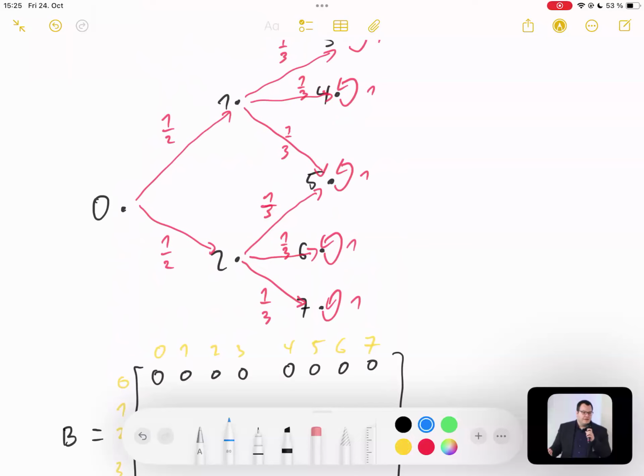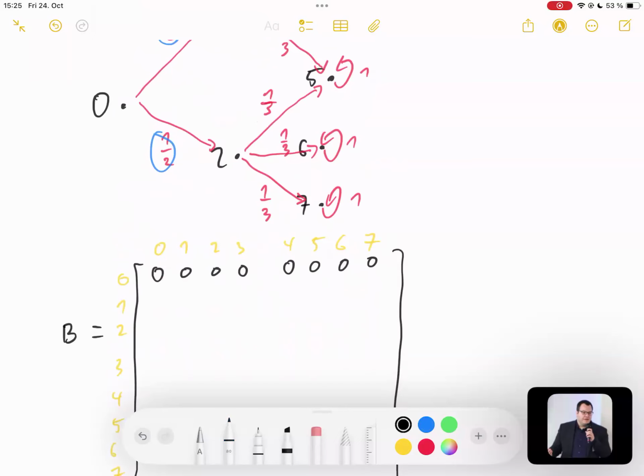I'll just wait and see if anyone will send something to the chat. We have these two incoming edges. So we have a half and a half. And then all the other entries are 0 as well, because vertices 1 and 2 only have an incoming edge, each of them from 0. So we put the remaining zeros.